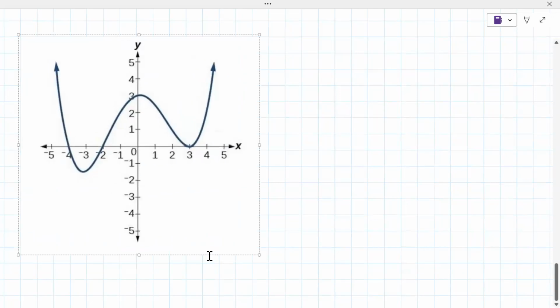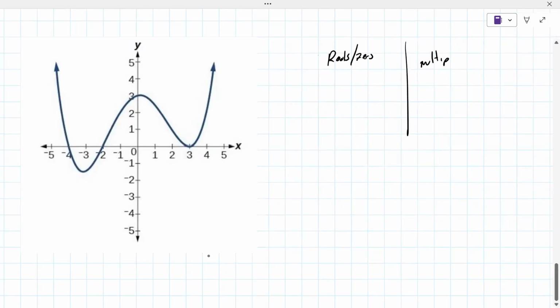Yeah. So for number three, the first thing is to determine the roots or the zeros and then their multiplicities. And you really want to do it from left to right. So it's -4, multiplicity of 1, -2, multiplicity of 1, 3, multiplicity of 2.